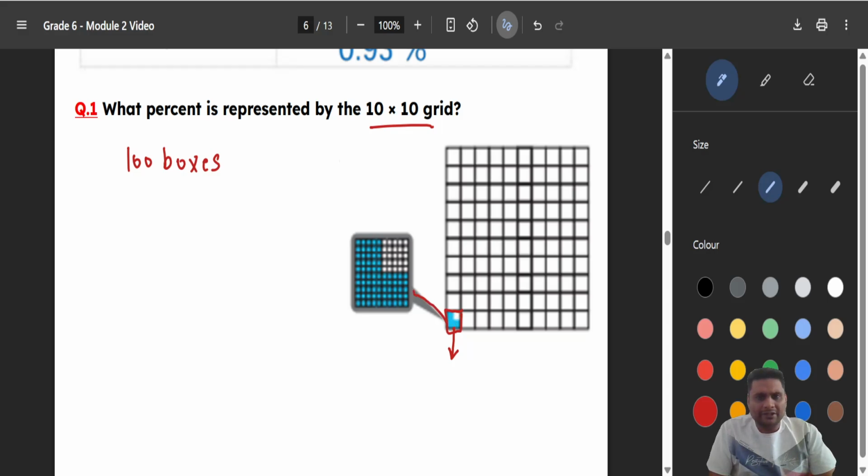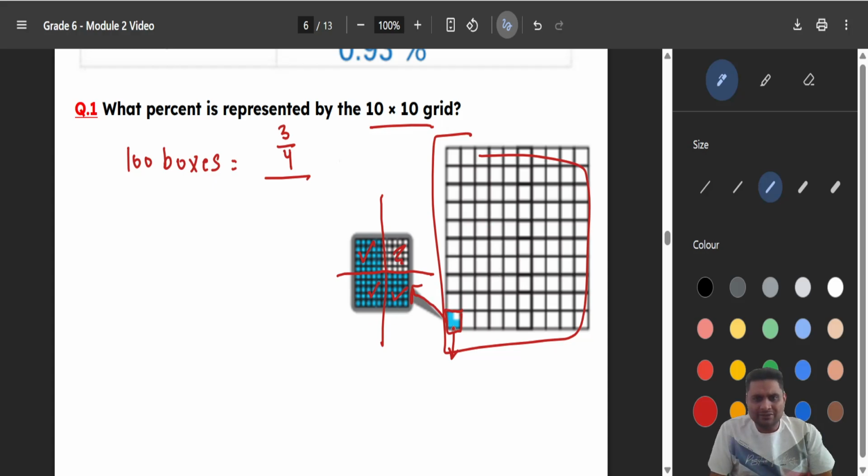We magnified it here, made it bigger, and if I look carefully, the box is divided into 4 parts. Check here, 4 parts, correct? Out of 4, 3 are filled, correct? And 1 is not filled. So I can say 3 out of the 4 parts of a box are filled, and total how many boxes are there here?